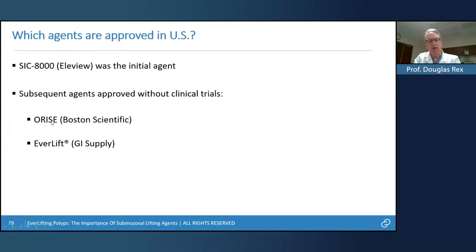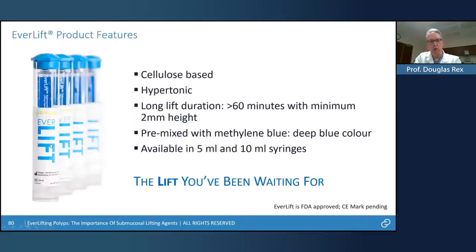Some of the newer agents, ORISE from Boston Scientific, and then EverLift, have not really been studied in randomized trials. This is the new agent, EverLift, and it is a cellulose-based agent. It's hypertonic. It has a good lift duration.